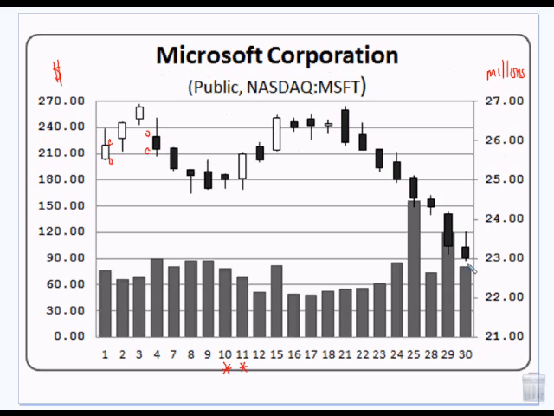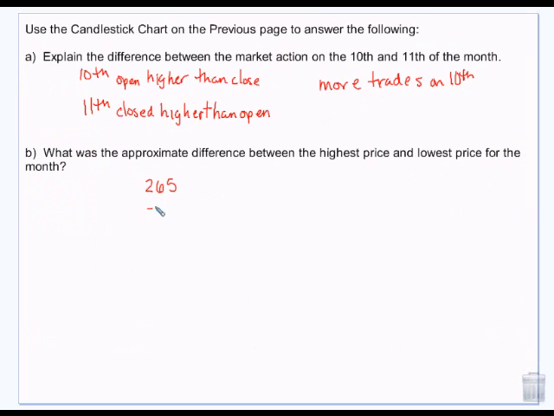And then the low is way over here below this line, and this line was 90, so we're going to say the low would be, what do you think? 87. 87, okay. Yeah, that's right. So it would be a $178 difference.